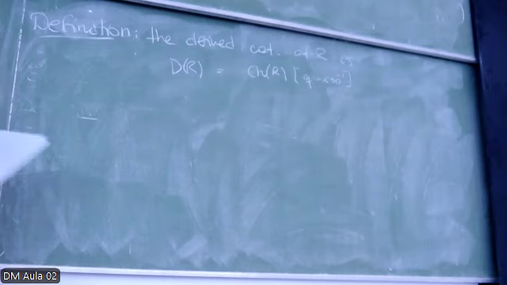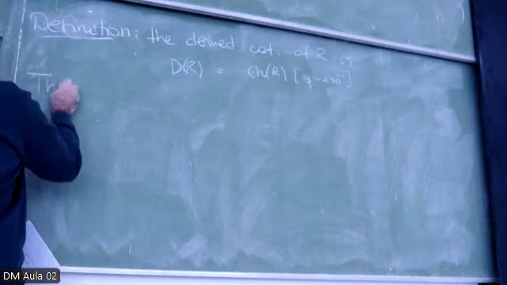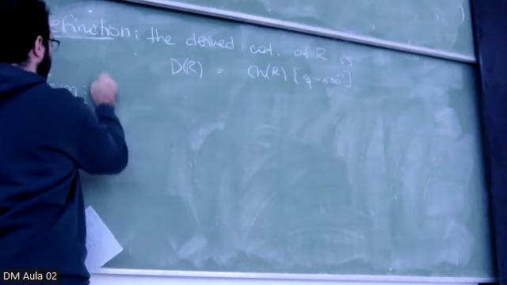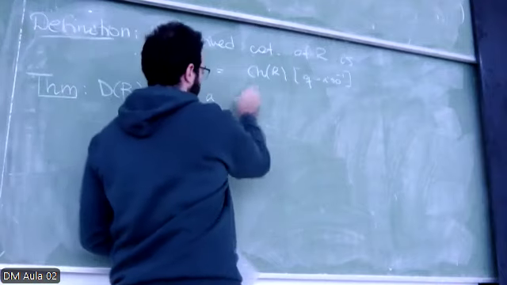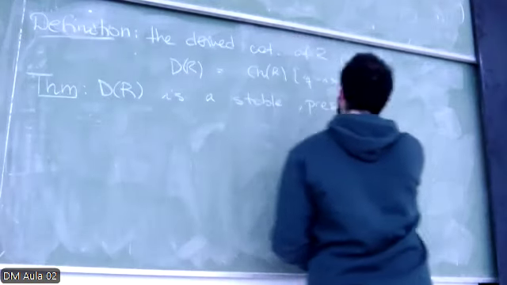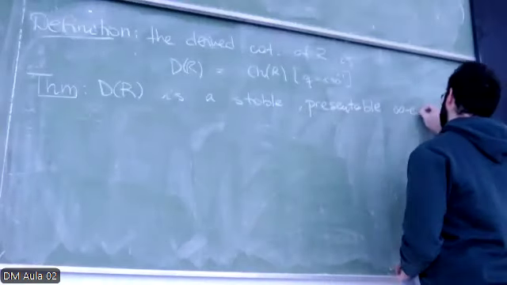Great. And the last thing I want to say is this theorem, which says that the derived category is a stable, presentable infinity category.